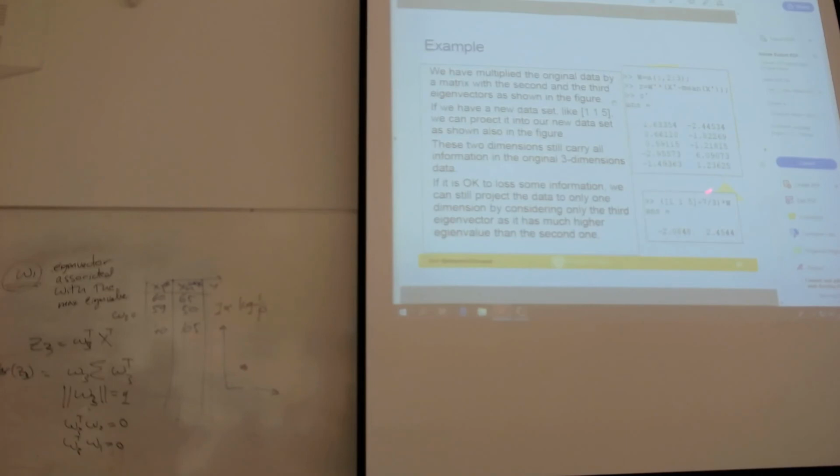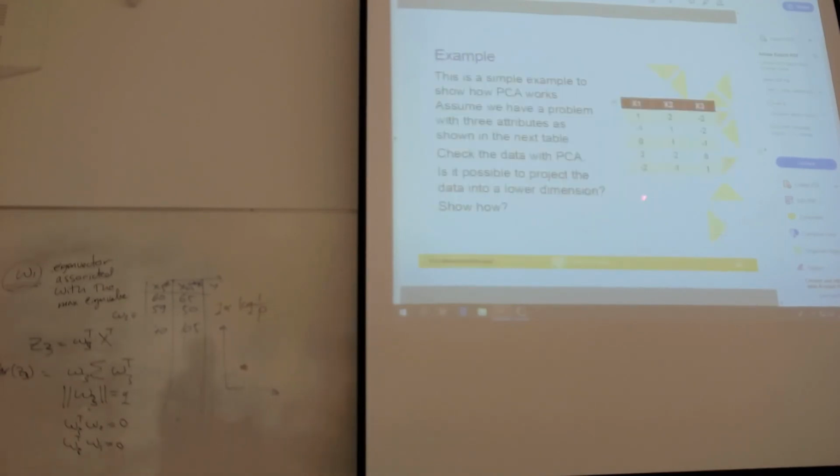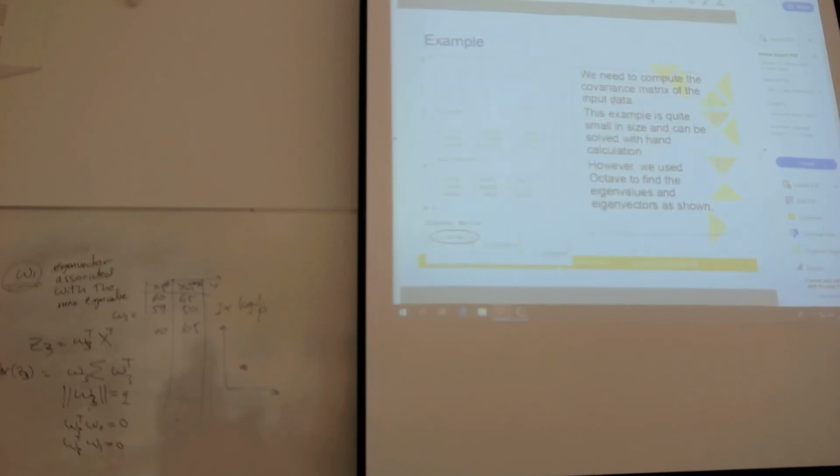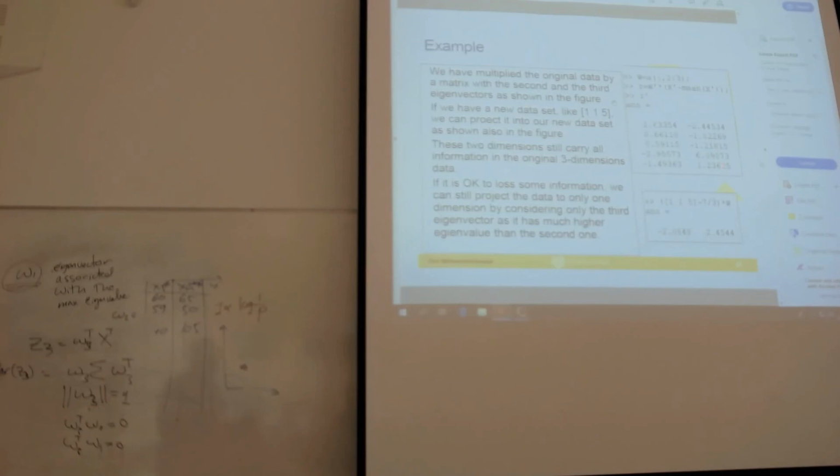Now this is our new data set. It is the same data, but now we have 2 dimensions. And actually, this 2-dimensional data has all the information of the original data. So we don't lose anything here. Here we have 3 dimensions, and here we have 2 dimensions with all the information.